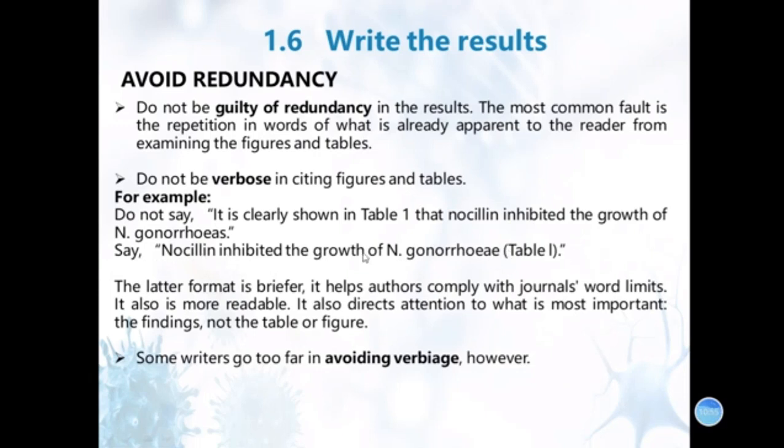See, the latter sentence is shorter than the former. The latter format is briefer. It helps authors comply with journals' word limits. It also is more readable. It also directs attention to what is most important, the findings, not the table or figure.